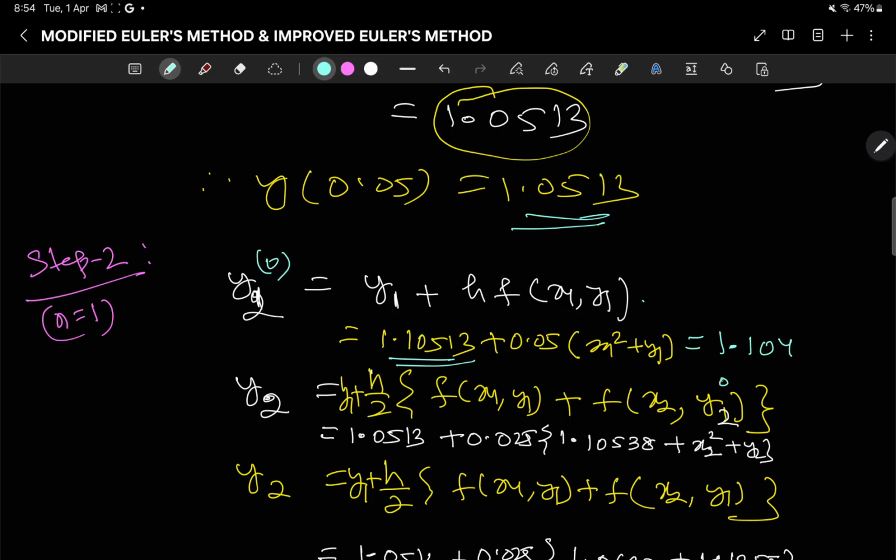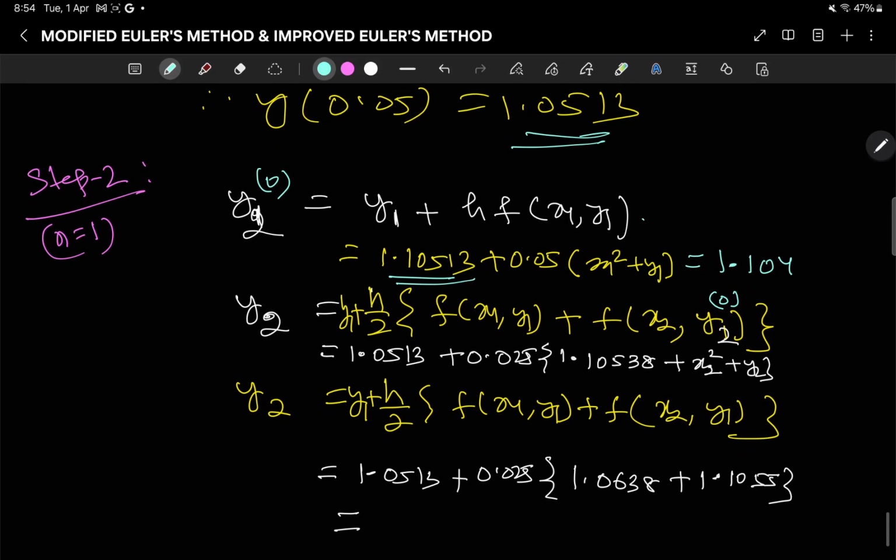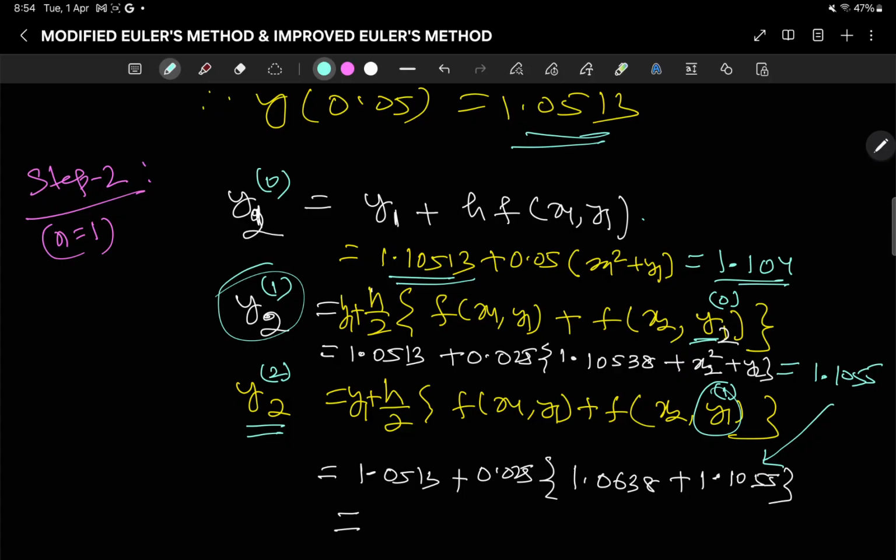Now this value will be substituted here for the first correction, and simplifying I get 1.1055. Similarly for the second correction I substitute this value, and I get 1.1055.